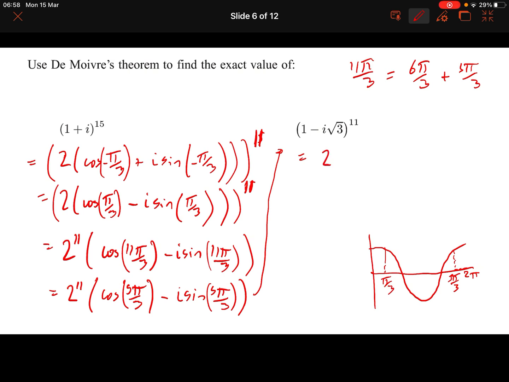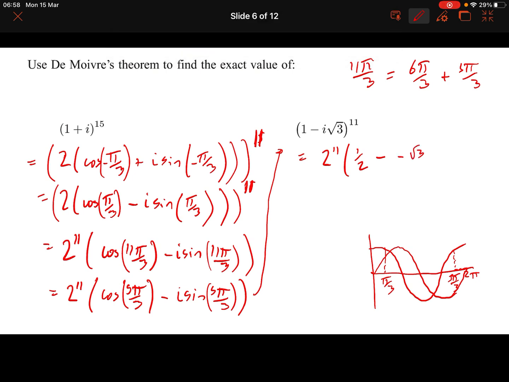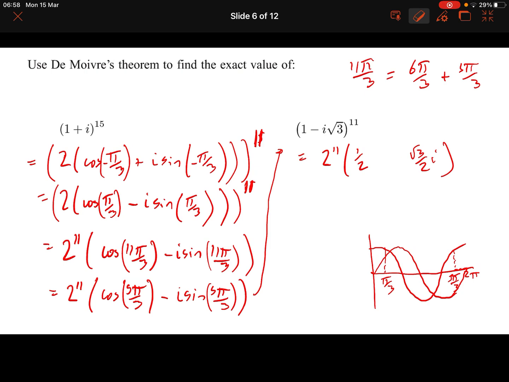So it's going to be 2 to the 11 times a half minus, well, I hope that you can work it out yourself now. With the sign, it will be negative root 3 over 2 i. So it will all come together. A negative will become a positive.